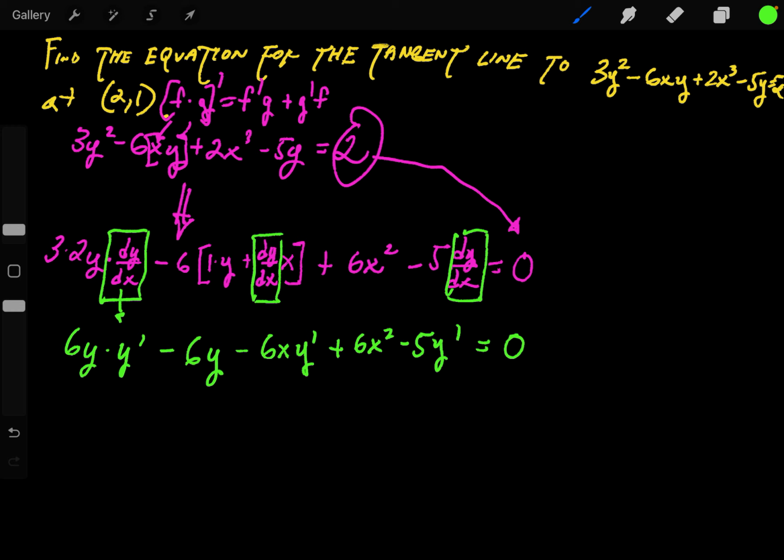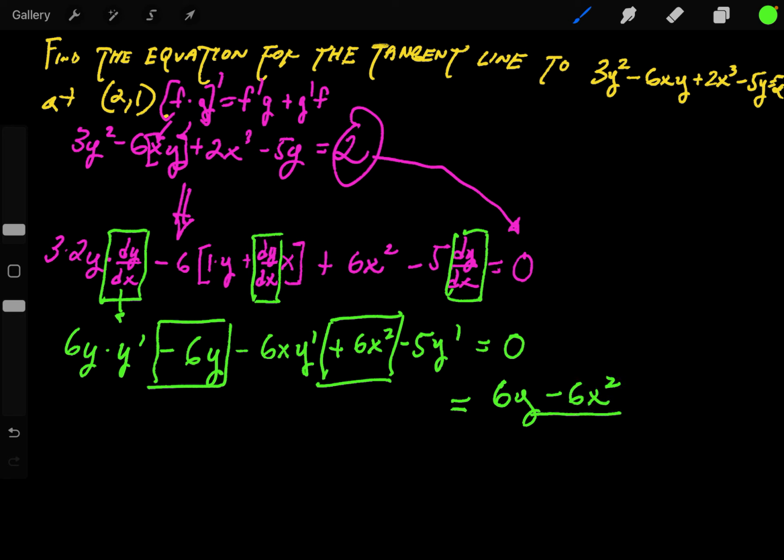And now I'm going to move everything that doesn't have a y prime in it over to the other side. This doesn't have a y prime in it, this doesn't have a y prime in it, so I'm going to move that over. So I get 6y minus 6x squared divided by 6y times y prime minus 6x y prime minus 5y prime.